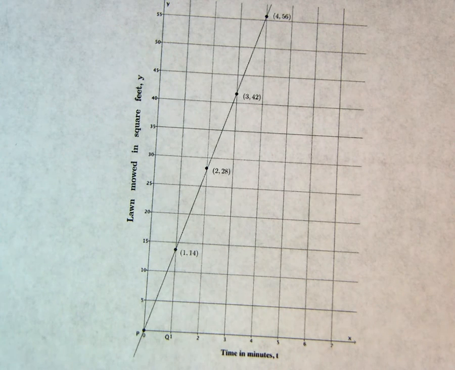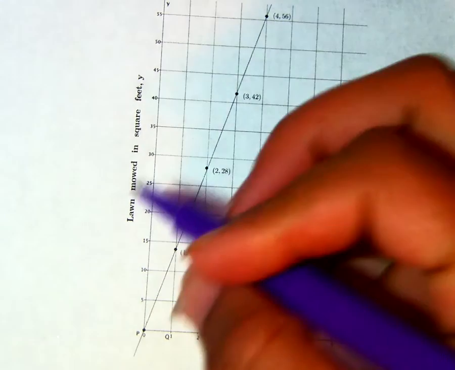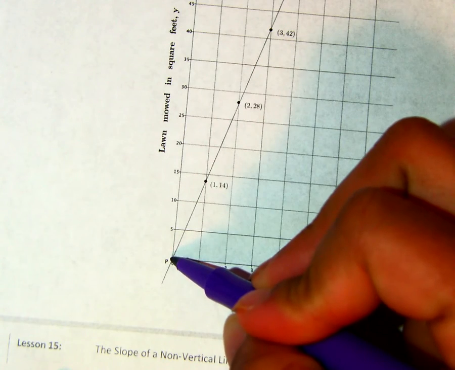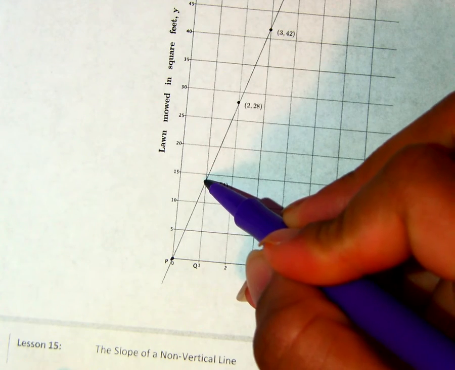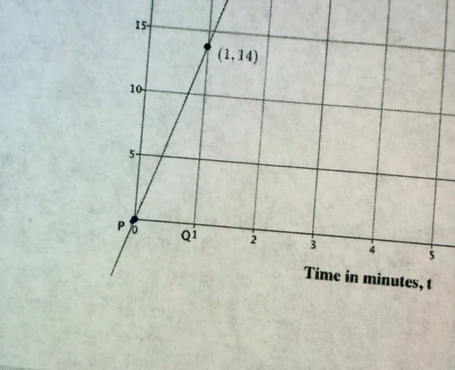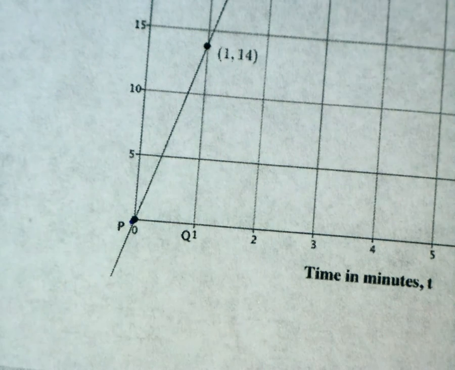We could use our given points, our given information. So I'm just going to pick our simplest points. Let's start from the origin. How do I move from point P to her very first point? What would that rate of change look like? Be sure to use the numbers on the axis to help you out.